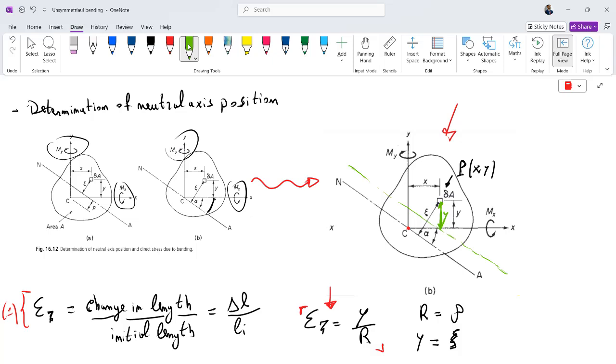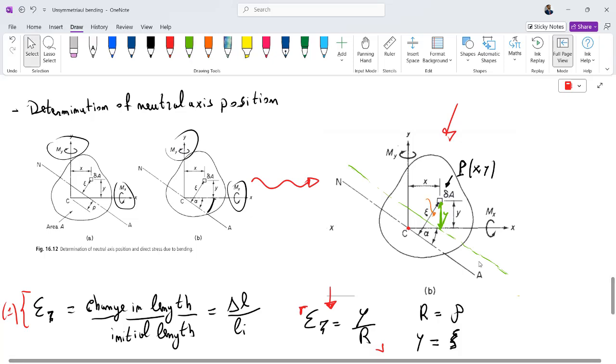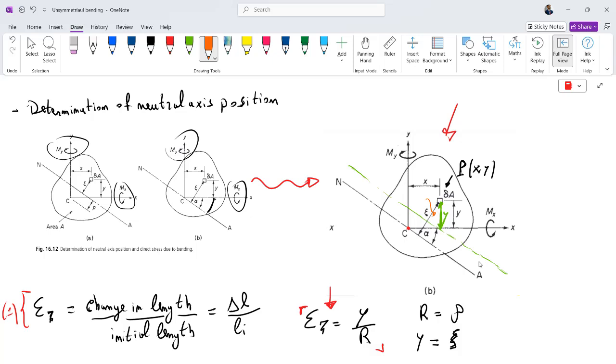So the distance from the infinitesimal area delta A to the x-axis is y. This is a right triangle where I can apply the well-known formulas, but we must derive the angle of this right triangle.